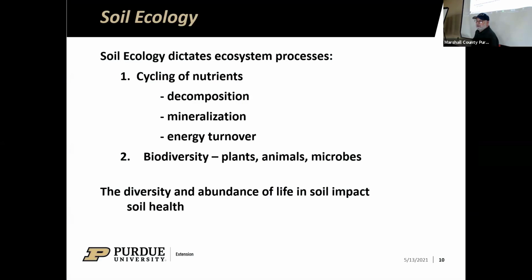So when we're thinking of soil ecology, we're thinking of cycling of nutrients, that's decomposition, mineralization of some of the nutrients, which will be available later, and then some energy turnover, releasing some energy to the plants and microorganisms and the things that live in your soil.